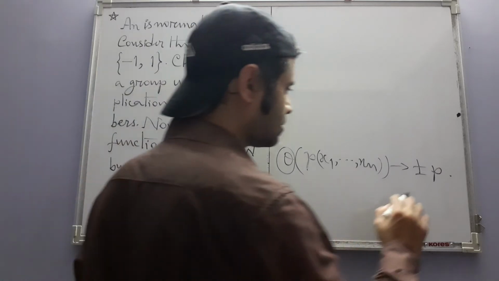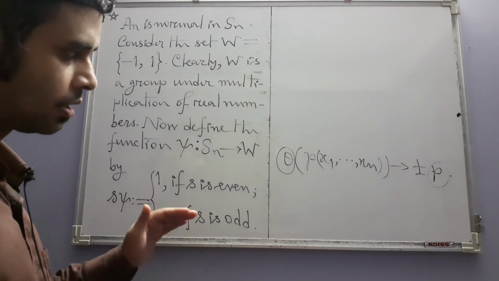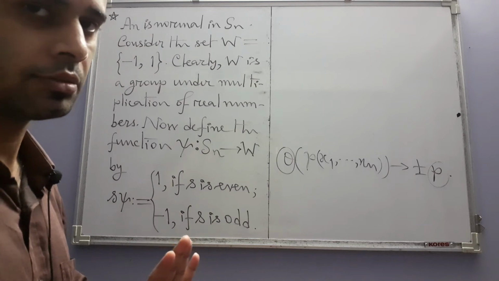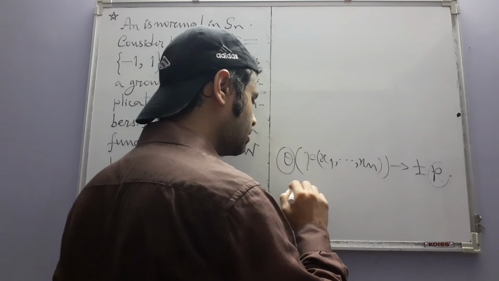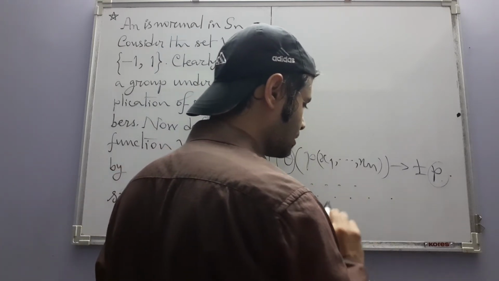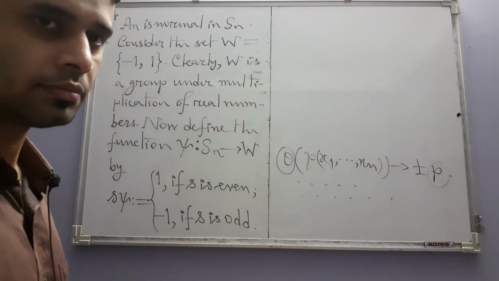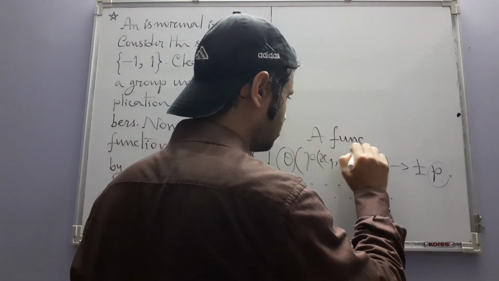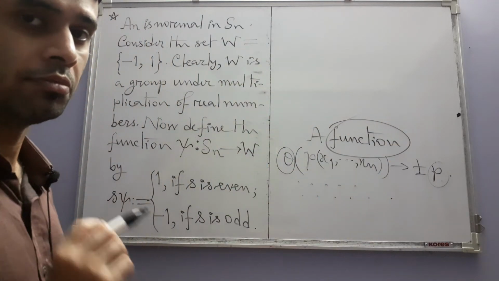Once you get p, you should again get p. The entire argument rests on the fact that once you get p using one expression of theta as a product of transpositions, then any other expression of theta as a product of transpositions should also give you p. But why? That is because this is a function. That means it's a well-defined function.